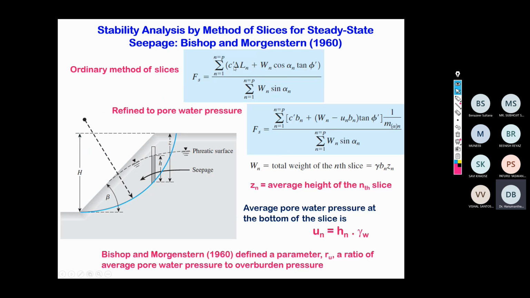Here C dash is known, Ln is the length of the slice, and Wn is the weight of the soil mass. We also discussed that W, the total weight of the nth slice, can be made equivalent to gamma into area. So area is Bn into Zn, where Zn is nothing but the average height of the nth slice.